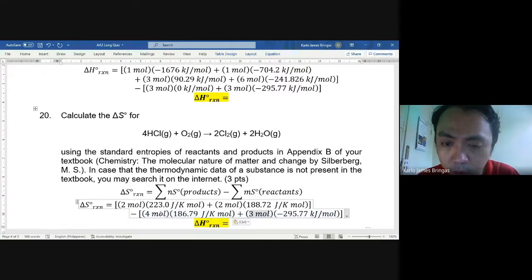So when you report your final answer, please don't forget the unit. And also, please be sure to report it to the correct number of significant figures.